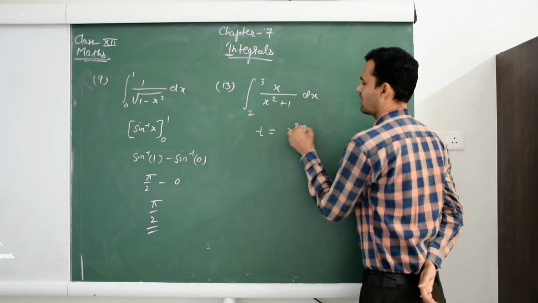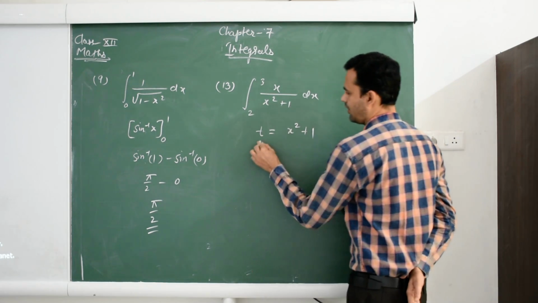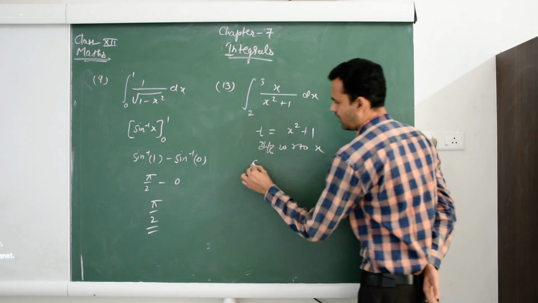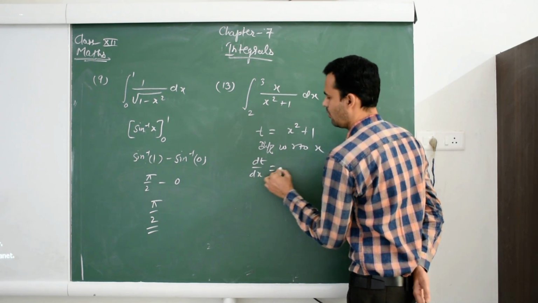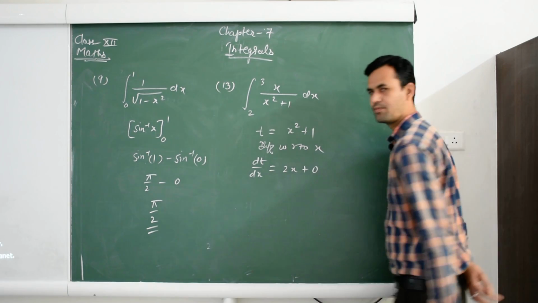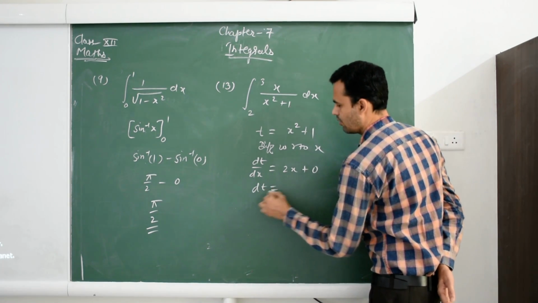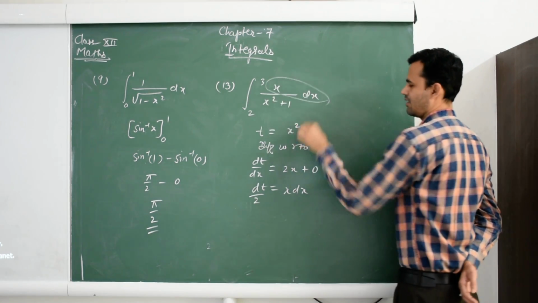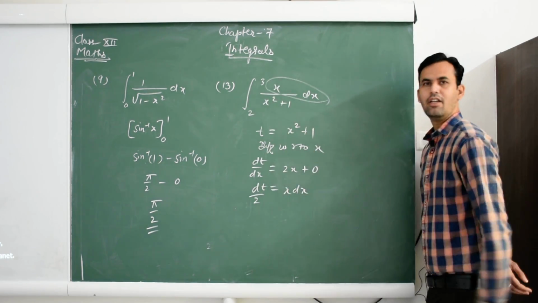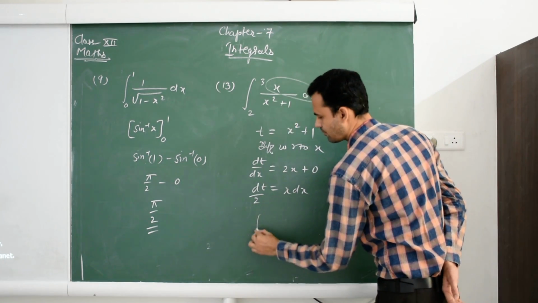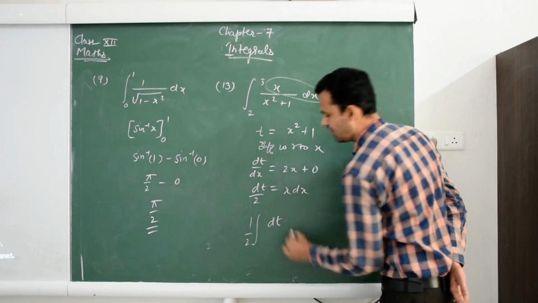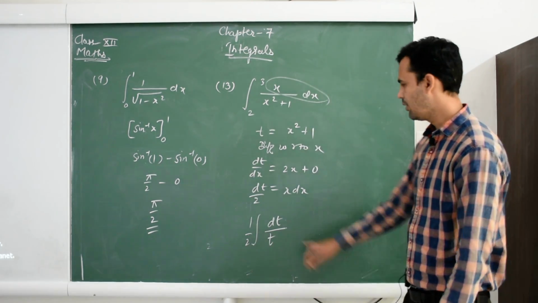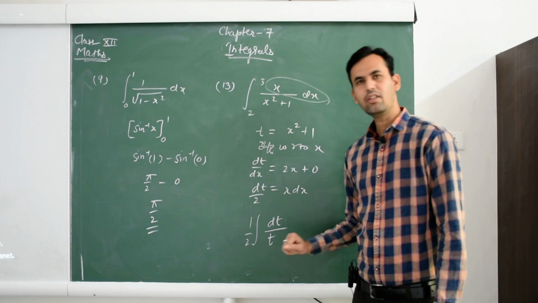Let t equal x square plus 1, differentiate with respect to x. We get dt by dx equals 2x plus 0, or dt by 2 equals x dx. In the numerator we have x dx, and in place of x dx we put dt by 2. So 1 by 2 dt, and in the denominator we write t, because x square plus 1 equals t.